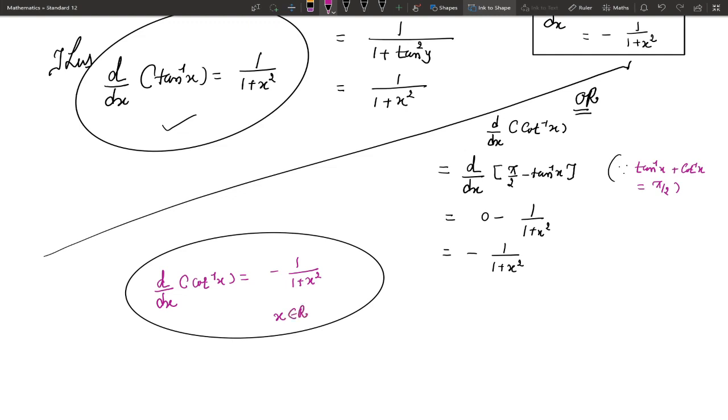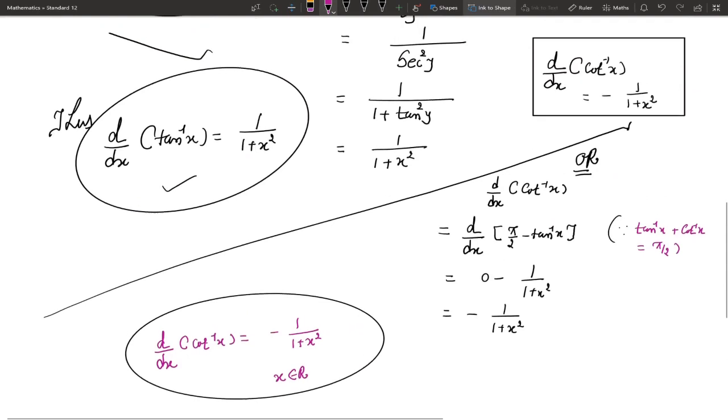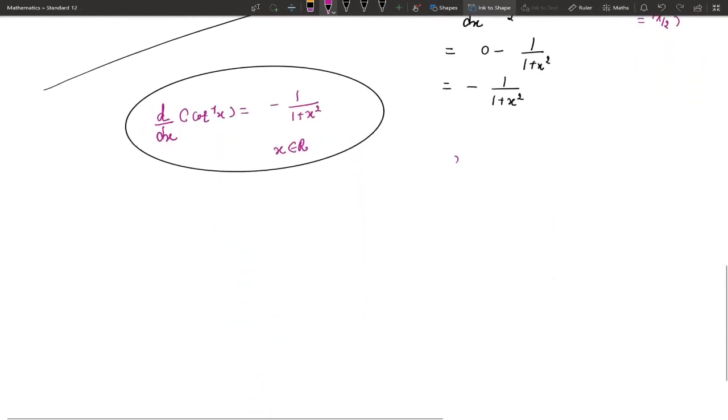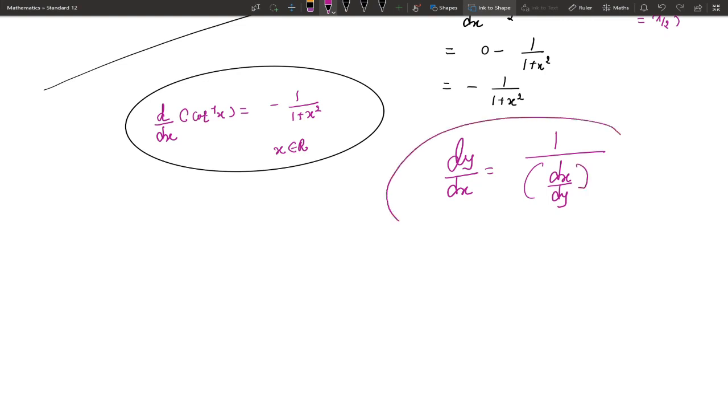So easily, using this basic formula, dy by dx equal to 1 upon dx by dy, this is the derivative of inverse functions.